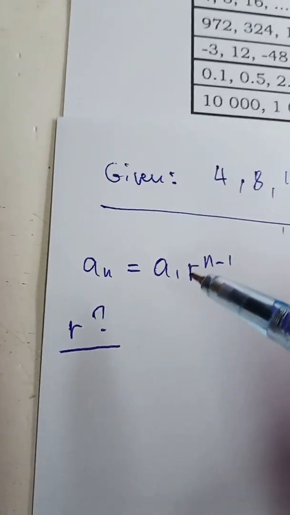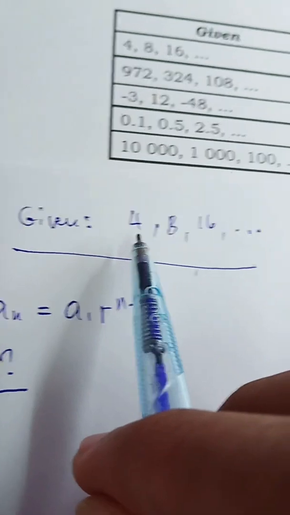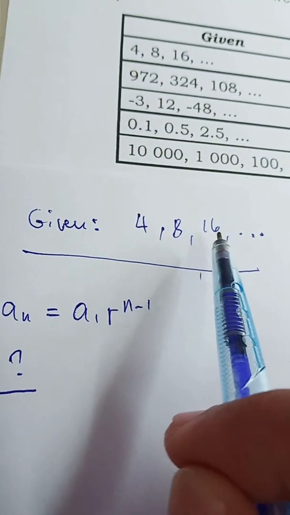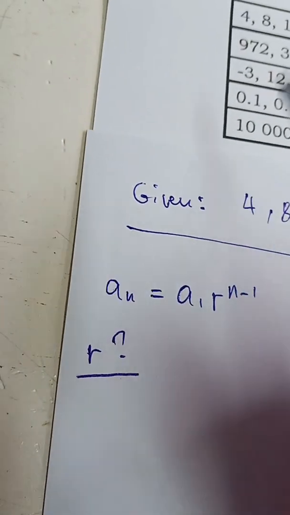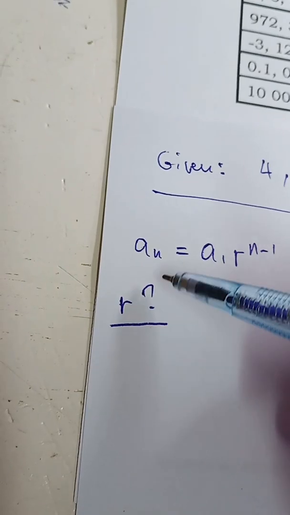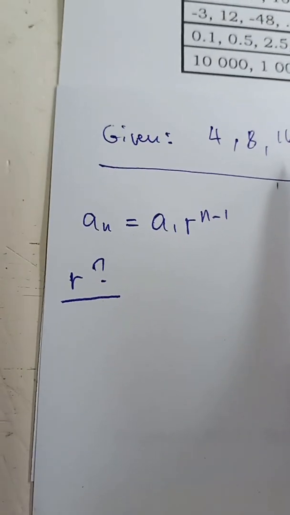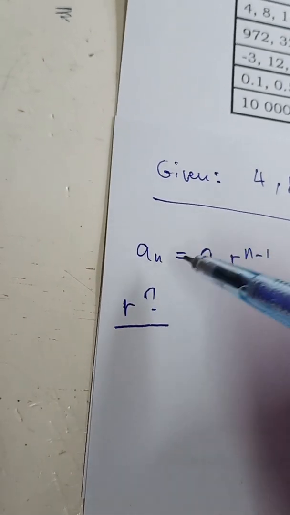So using the formula, so our first term in the sequence is 4, second term is 8, and third term is 16. So we will use that idea. Okay? So for a sub n, we will use 16. So see, a sub n is 16.